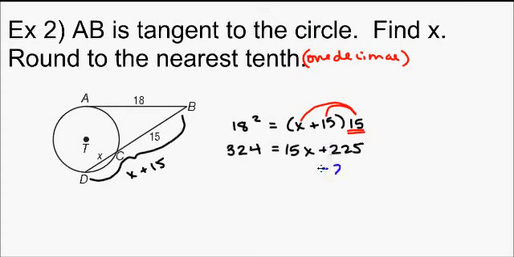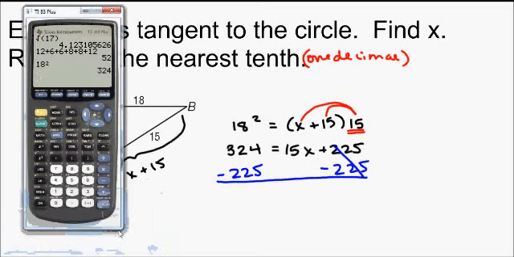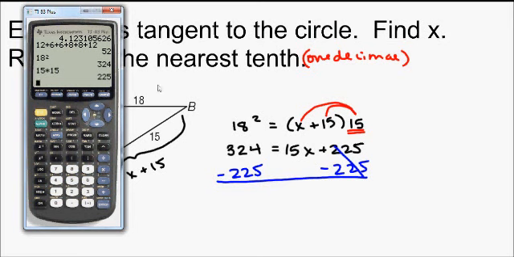Now I need to subtract 225 from both sides. Let's double check first that I got 15 times 15 right. Yes, we did. Okay, 225.